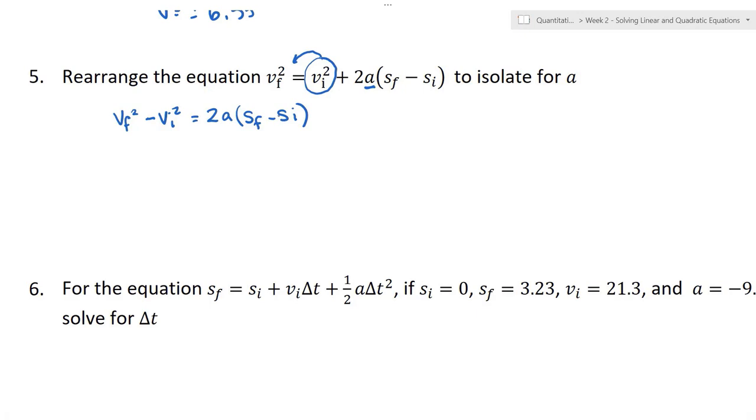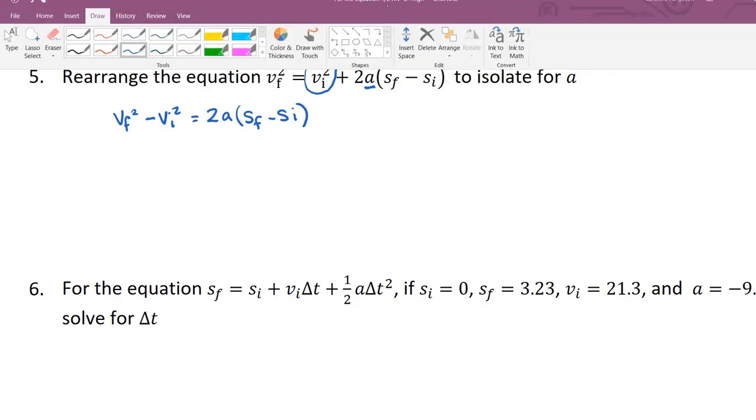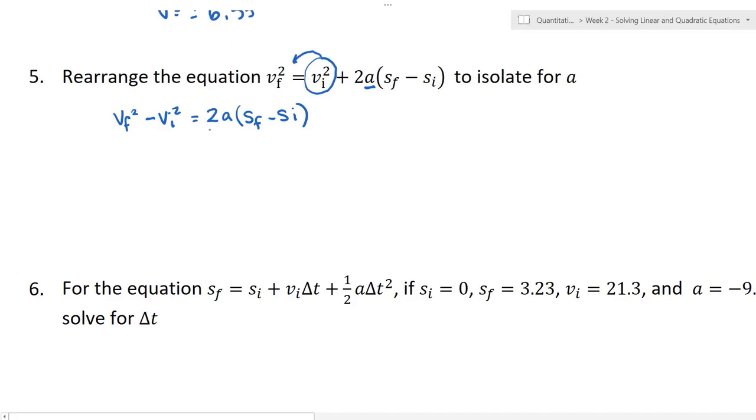So they're both being multiplied, so to get rid of them, we need to just divide them out. So I'm just going to divide both sides by 2(sf minus si). So what's happening here? The 2's will cancel, and this whole bracket will cancel, and it will leave us just with that a. So I'm going to do that on both sides. Whatever I divide by on one side, I need to do to the other side.